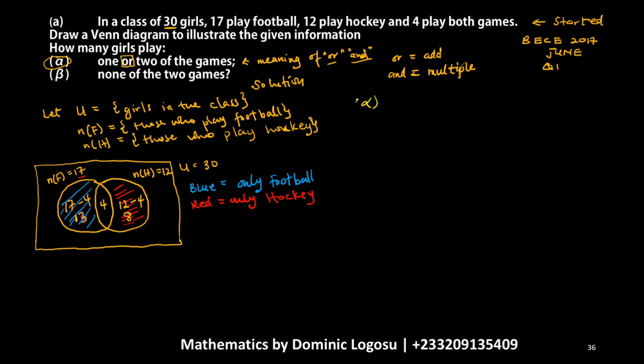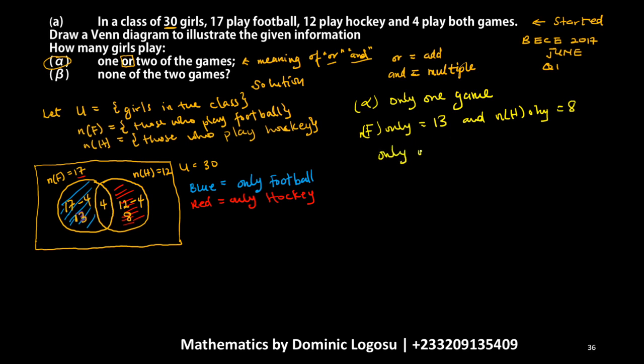We'll say alpha: only one game, and we'll have to find football only, that's 13, and only hockey, that's 8.